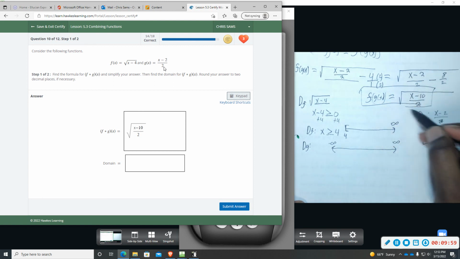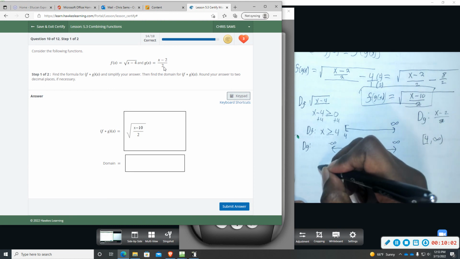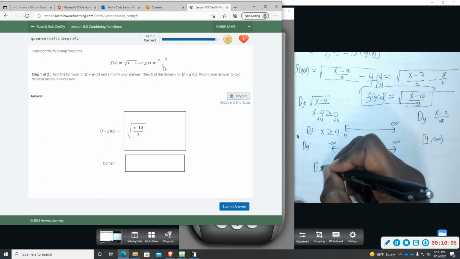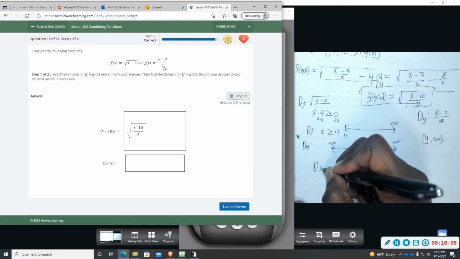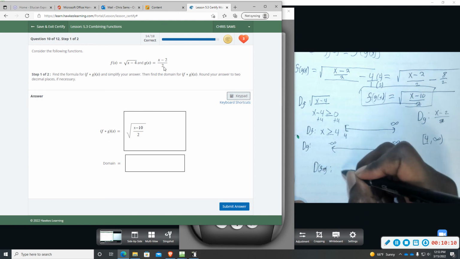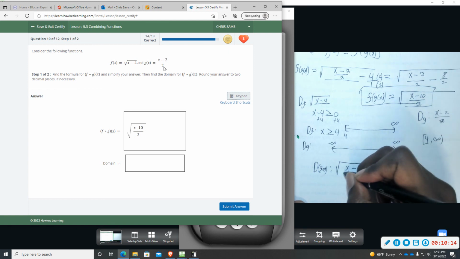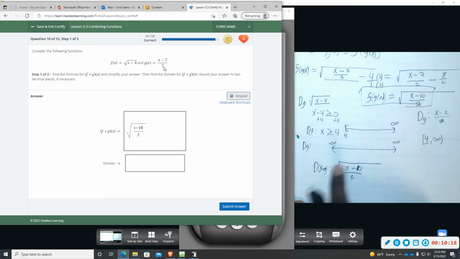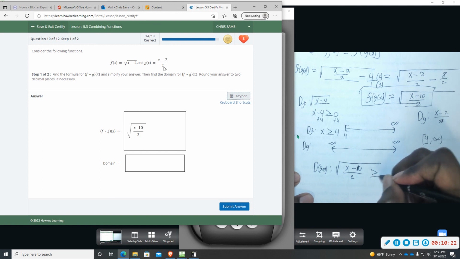So the domain of f of g. We have the square root of (x minus 10) divided by 2. Remember, whatever is under the square root has to be greater than or equal to 0.